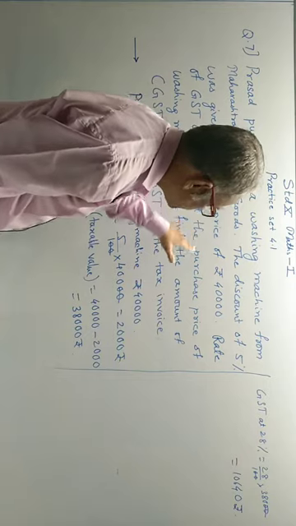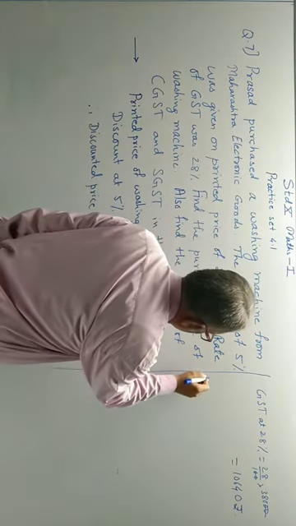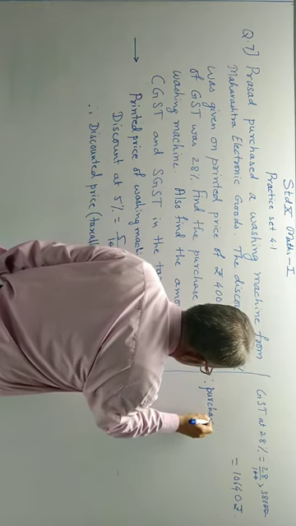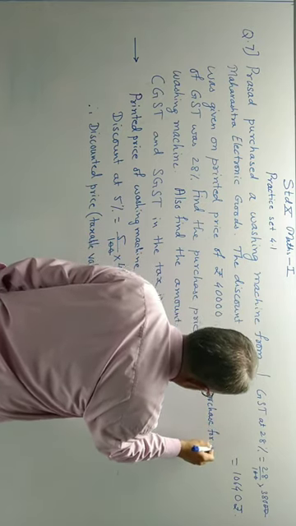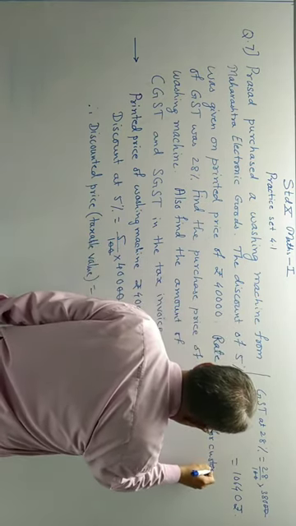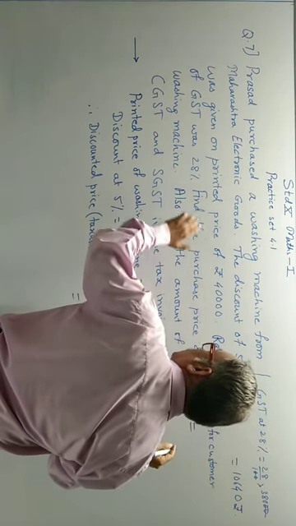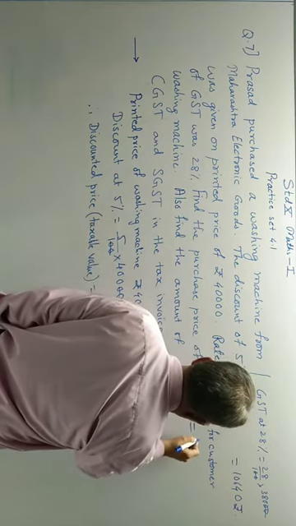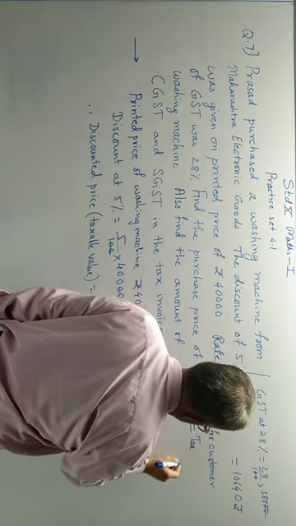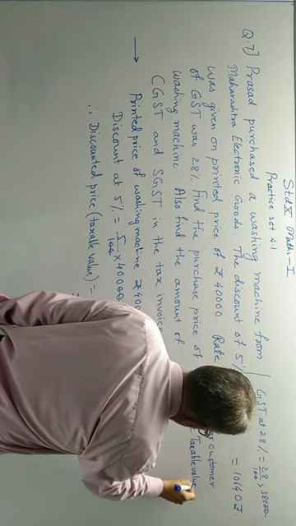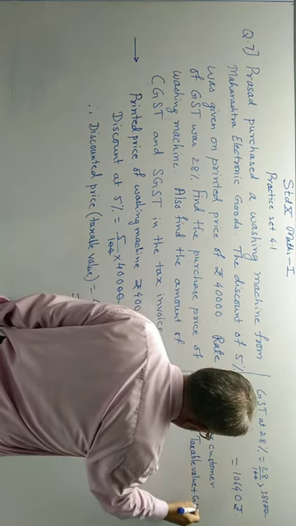First we have to find the purchase price. Therefore, purchase price for the customer is equal to discounted price, the taxable value, plus GST. Taxable value plus GST.